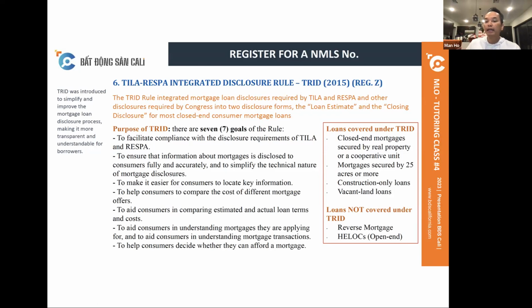So any loan to buy land, but the land needs to be 25 acres or more, is covered under TRID. Okay, construction loans, vacant land loans. Those are the ones covered by TRID. The loans not covered by TRID include HELOC and reverse mortgages. Reverse mortgages are for seniors, all borrowers, right?